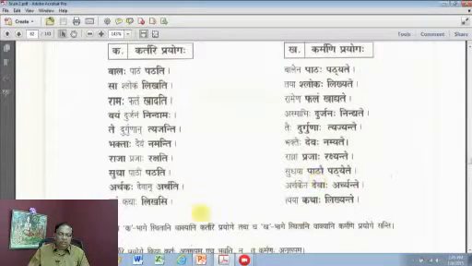Next, Archakaha Devan Archati. Now here the subject is Archaka. The worshipper is worshipping the gods. So put Archaka in Trutiya, Archakena. Devan is there, Dvitiya Bahuvachana, goes to Prathama Bahuvachana, Devaha.